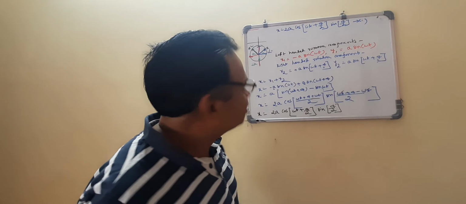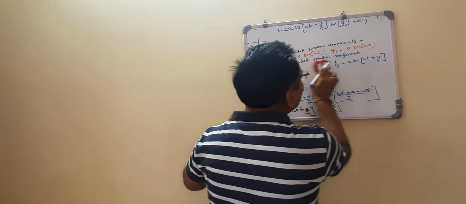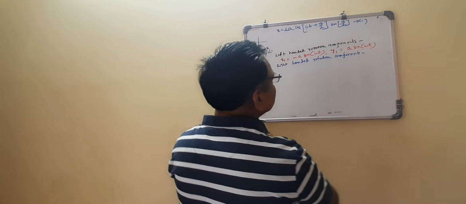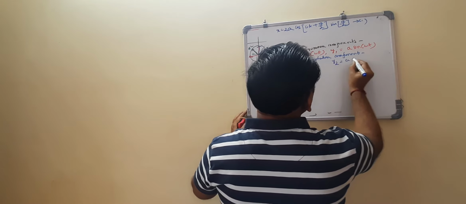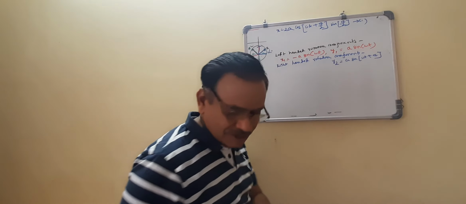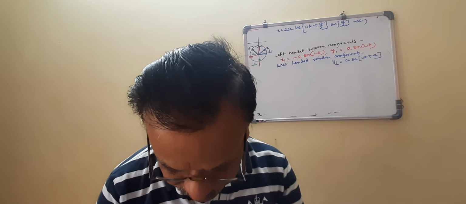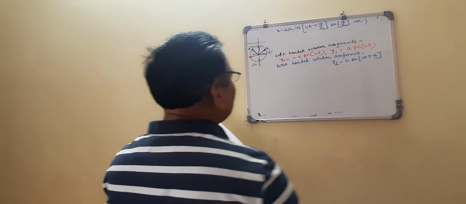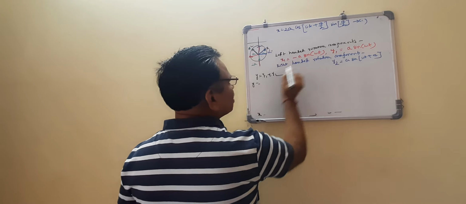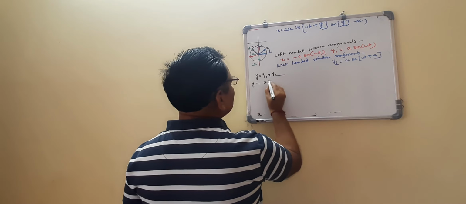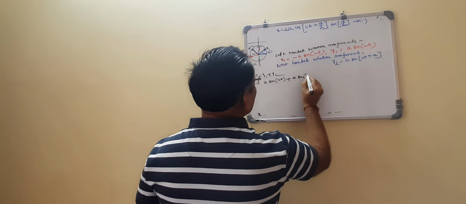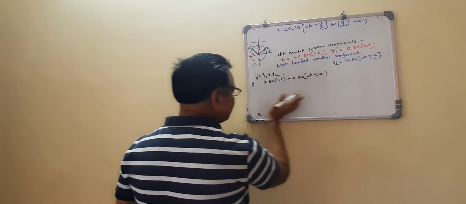Okay. Now I will add similarly y components. y2 equal to a into sine of omega t plus phi. These two terms I will add. Y resultant equal to y1 plus y2. A into sine of omega t plus a into sine of omega t plus phi.